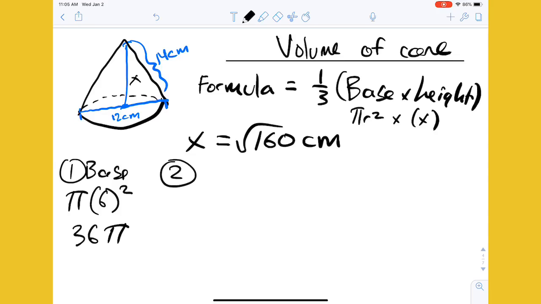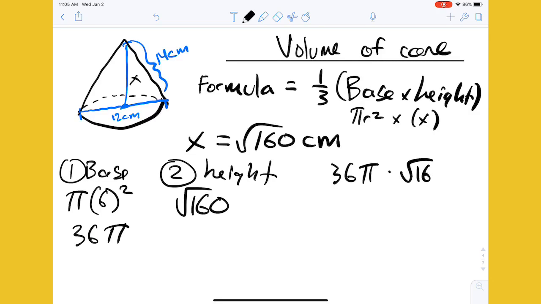Times height, which is just the square root of 160. And then we have to multiply those together, divided by 3. So what we'd finally get is 36 pi times square root of 160 over 3.